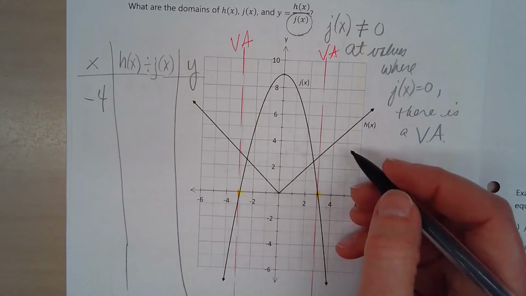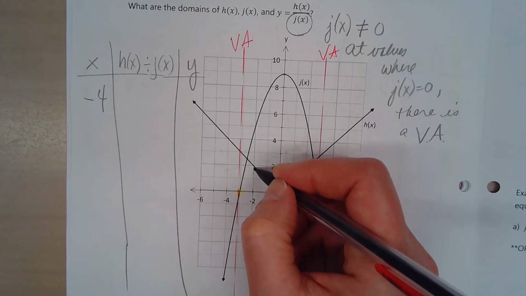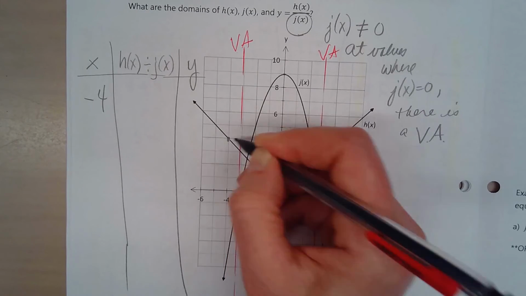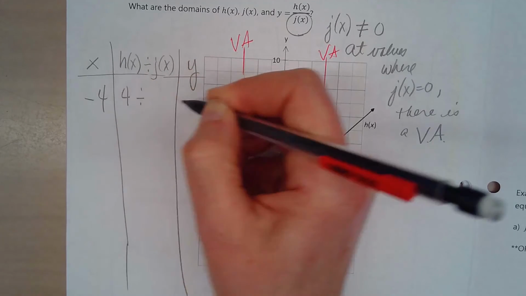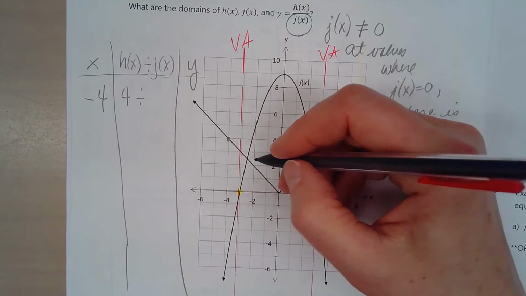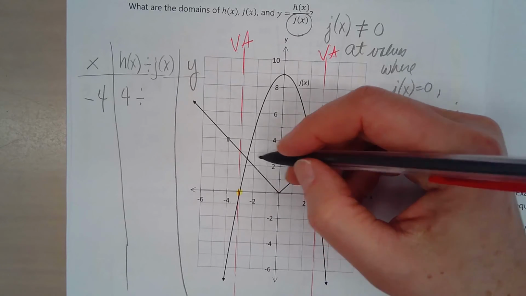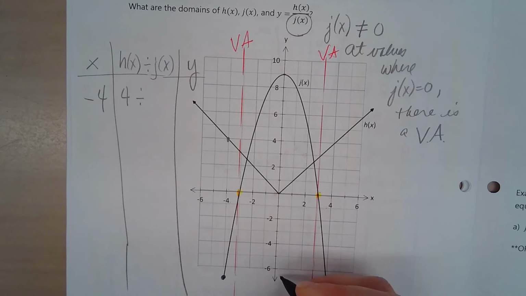So at -4, h comes first. So that's my absolute value, so I have this value here. It's 4. So 4 divided by -4. Sorry. No, I guess it's going to be further down, right? It's going to be about here.